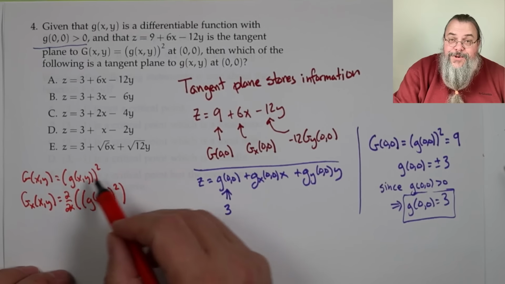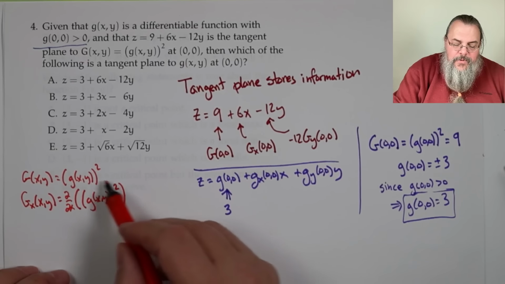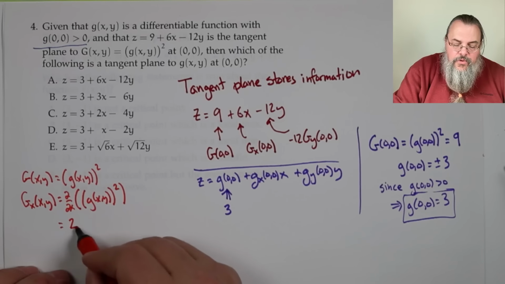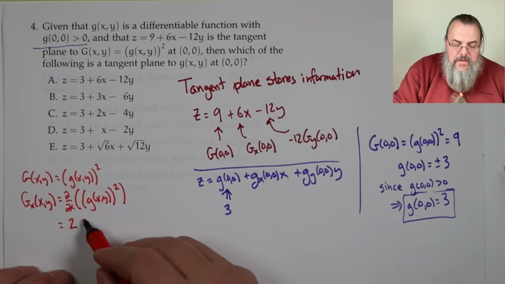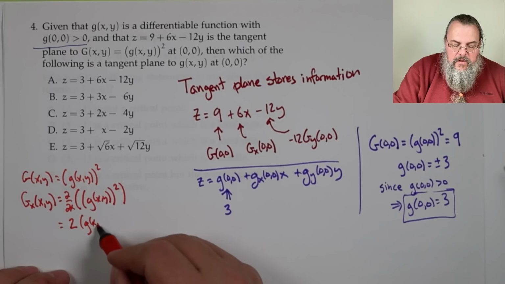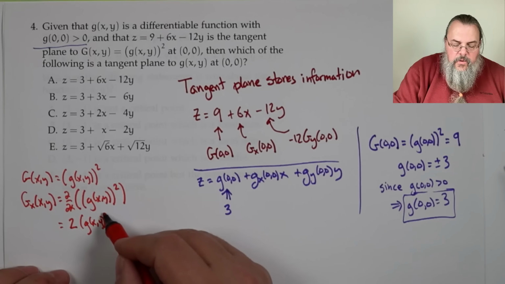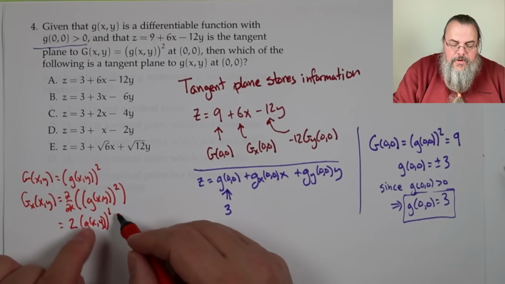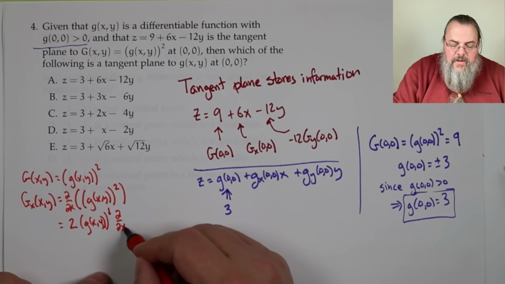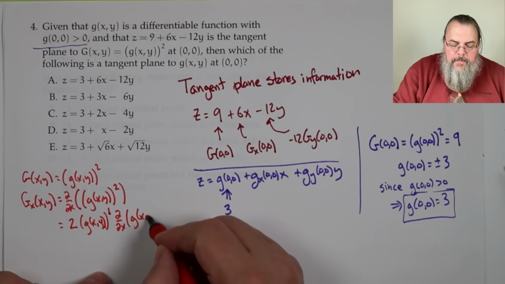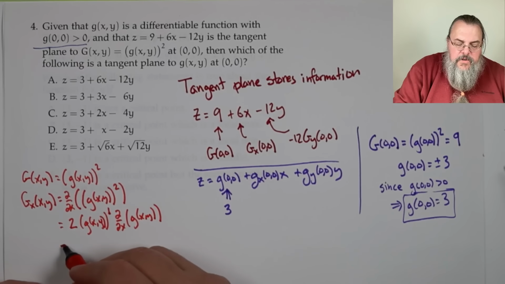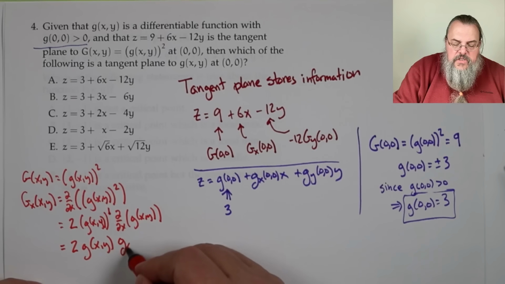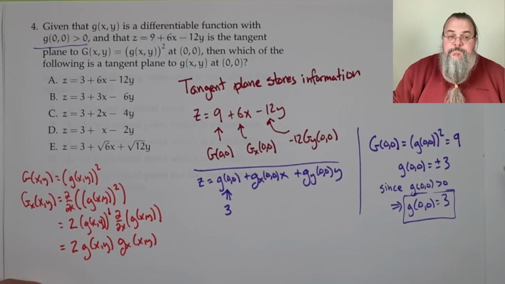So chain rule. The outside is the square function, so that becomes 2, and then you have g of x, y to the 1 times the derivative of the inside, the derivative with respect to x of g of x comma y. Written more simply, that's 2 g of x comma y times g sub x of x comma y.